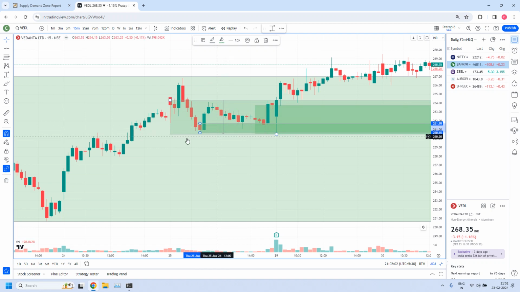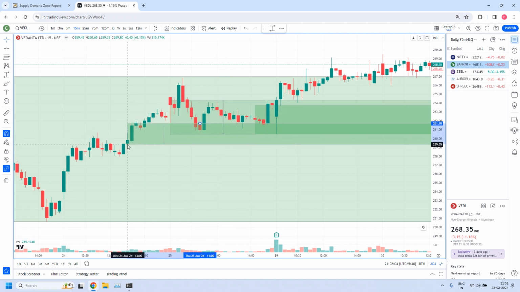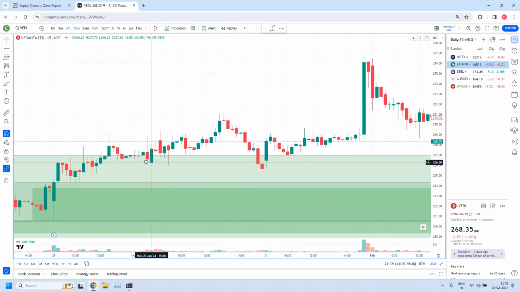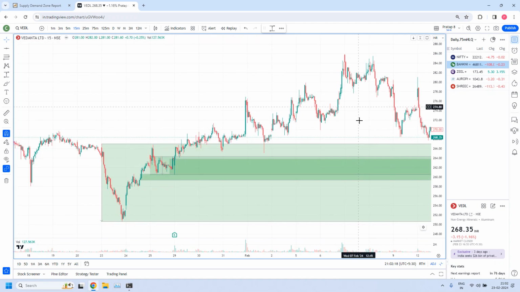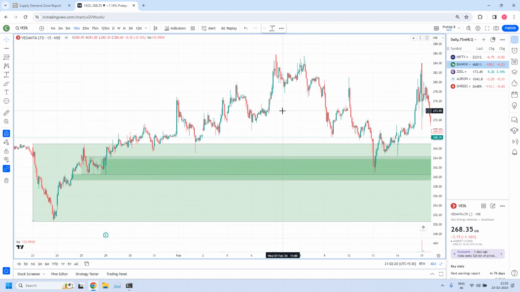There is a zone here. Actually, this is the one having the entire order flow here. From here, it took the order flow. From here, again, it took the order flow. Probably that could be a high liquidity zone. That is actually controlling the prices there.